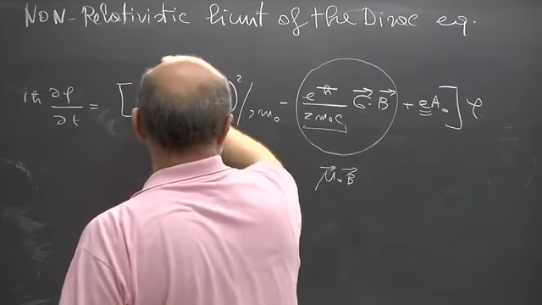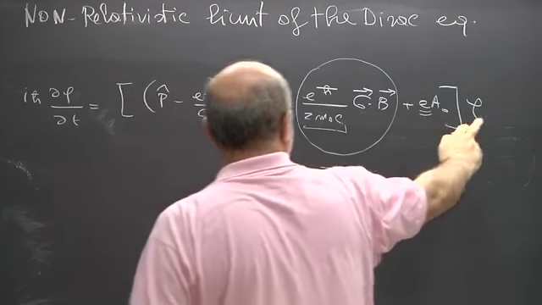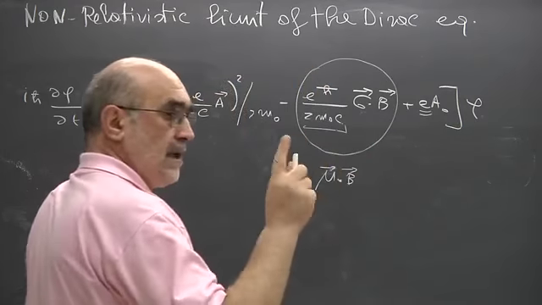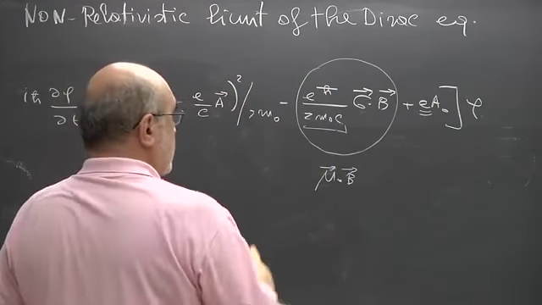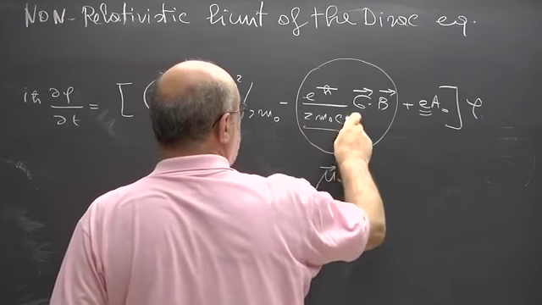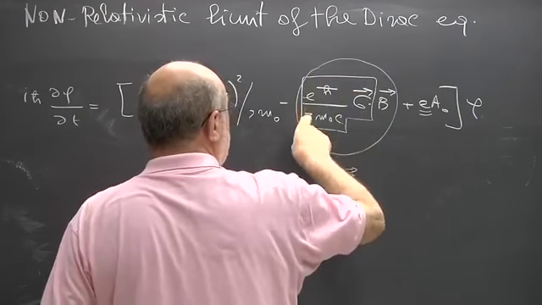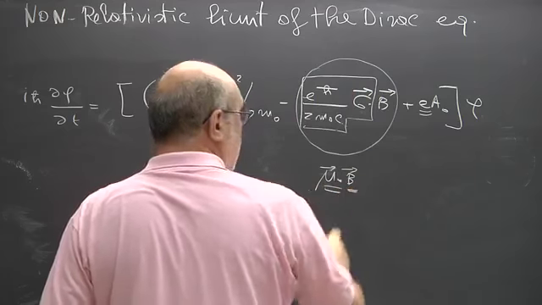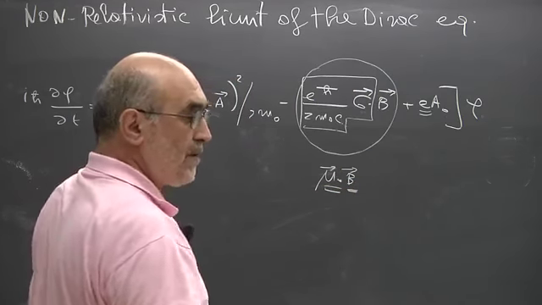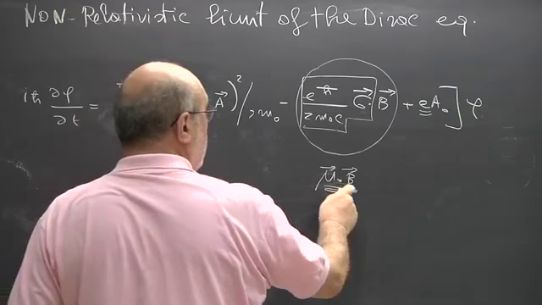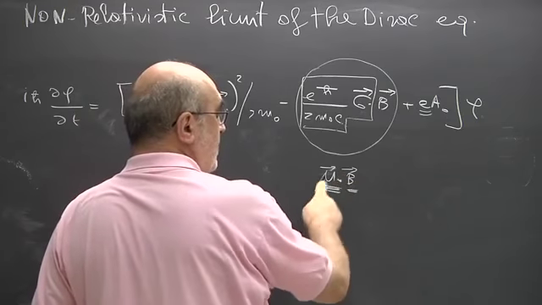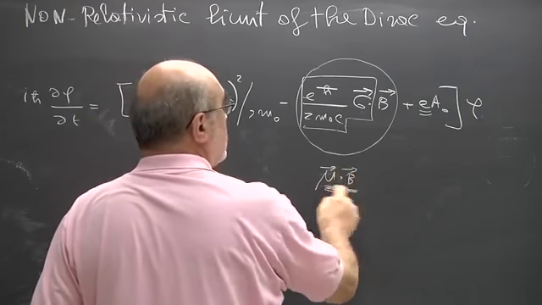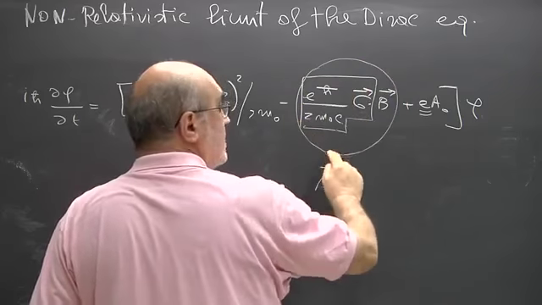Then you have the usual kinetic term. But if this two-component object has a spin, and it has a charge, then it carries a magnetic moment that is this. And this magnetic moment, we know that magnetic moment interacts with, you have learned from electromagnetism, the magnetic moment interact with magnetic field in this manner. And this is exactly the interaction.